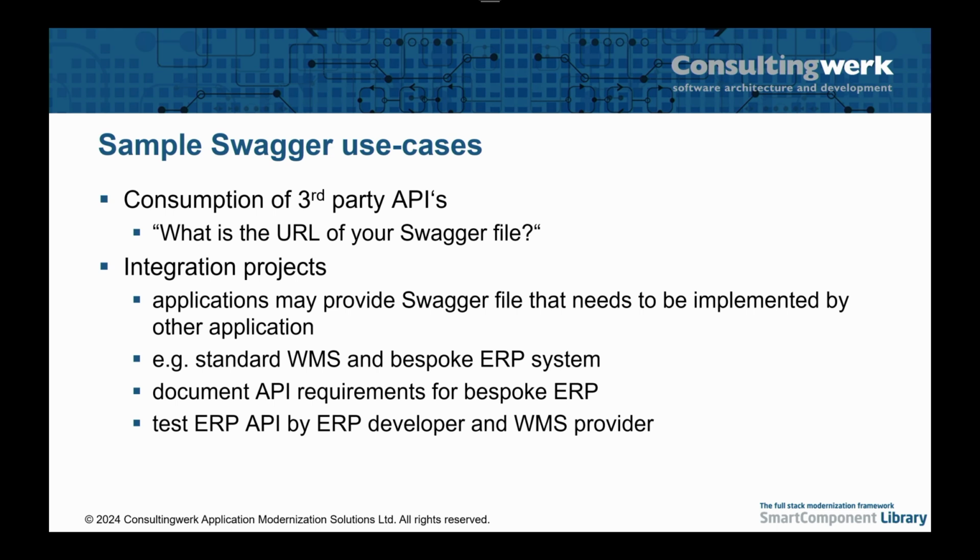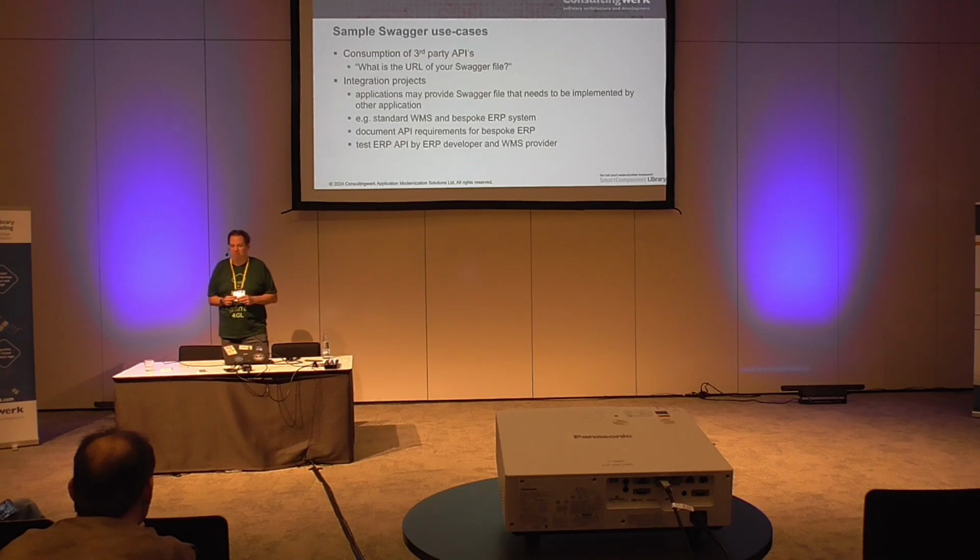So Swagger is something that over the time, slowly but surely, became more and more relevant to us, because integration of applications becomes more and more relevant. Swagger is basically a tool, a standard, a set of tools that help using REST services or building REST services.